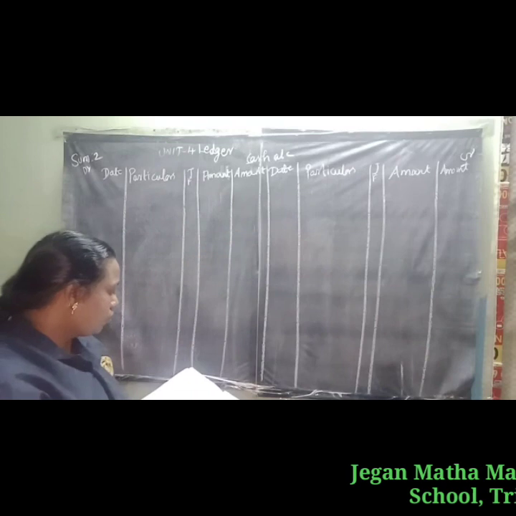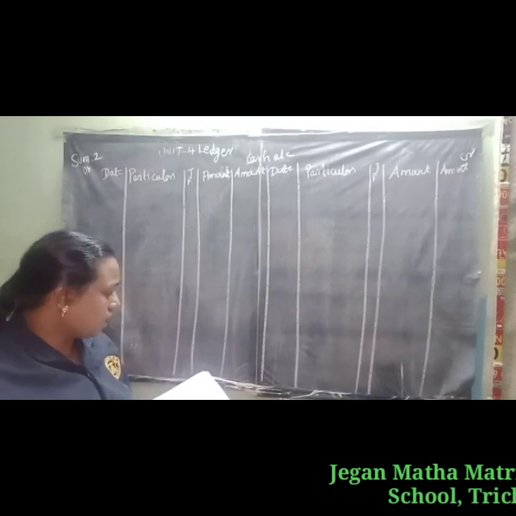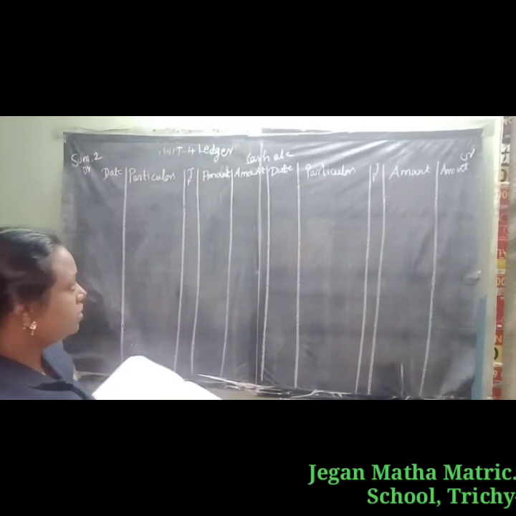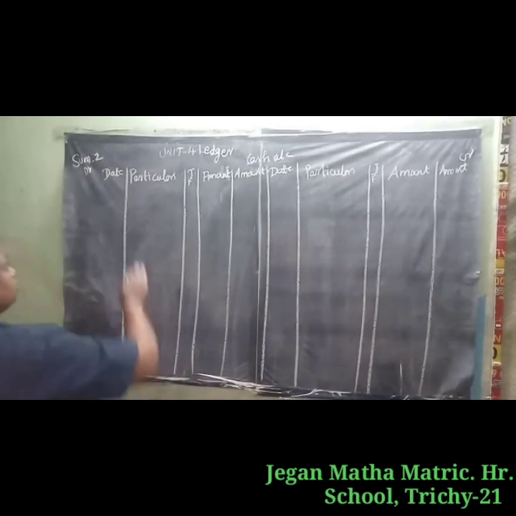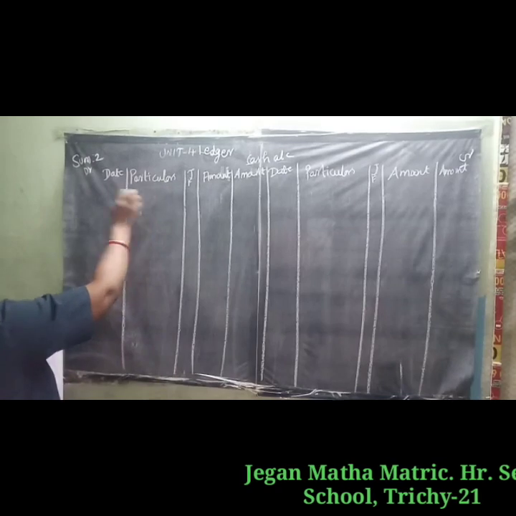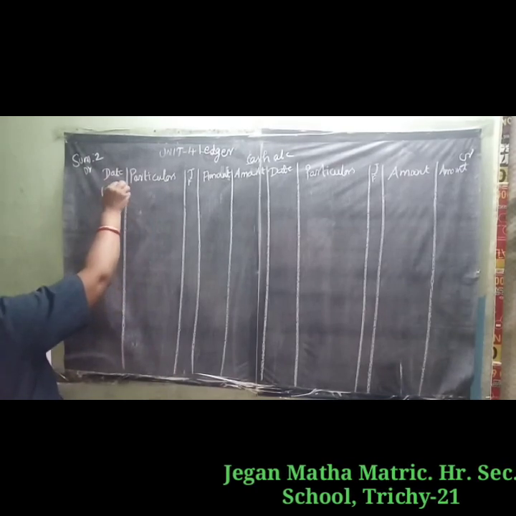First entry, Dharma started business with cash. We wrote cash account debtor to Dharma capital. So cash account is on the debit side, 1/8/2017.